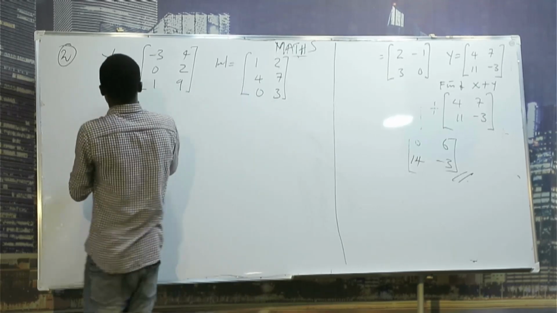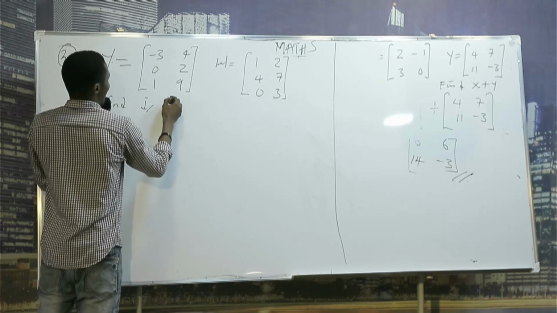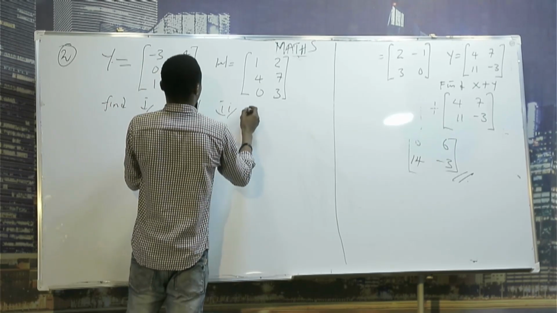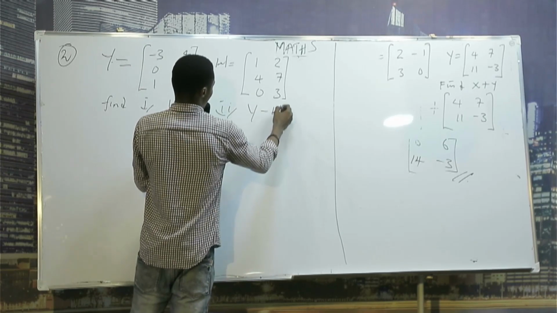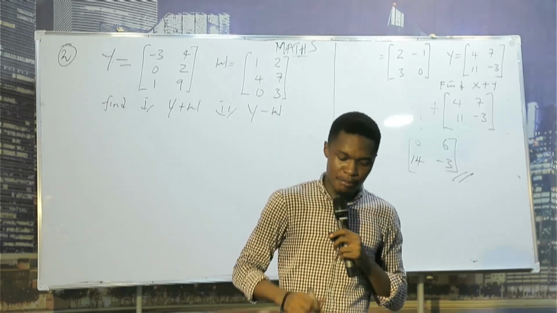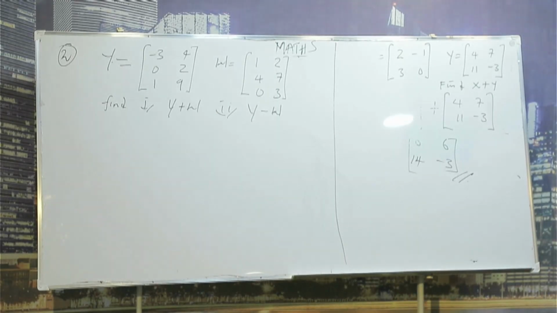Like this. And they said you should find in I, Y plus W. And then in II, they said you should find Y minus W. Can you solve that? Be doing it.